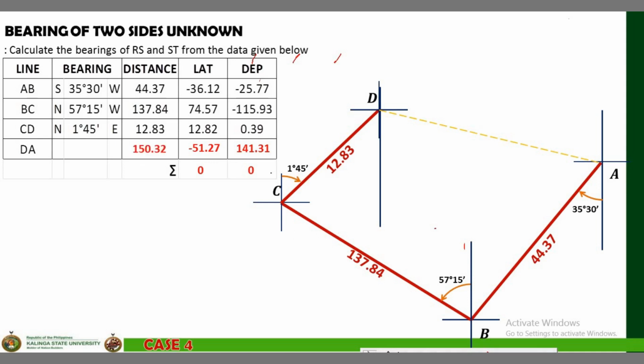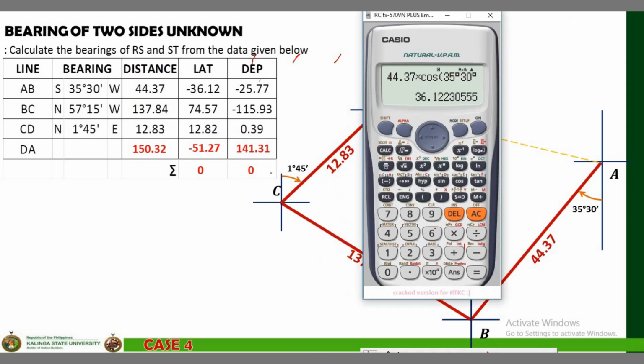My answer here is 150.32. That is simply equal to the square root of 51.27 squared plus 141.31 squared, which is 150.32.